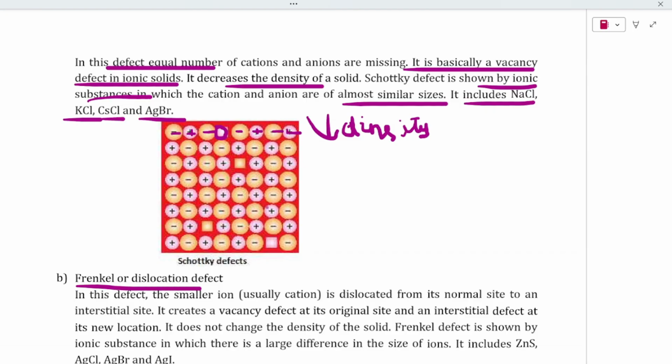If you see the whole diagram, the number of cations and anions that are missing will be the same. Positive ions are called cations, negative ions are called anions. If you count all of them, the number of missing cations and anions will be the same.